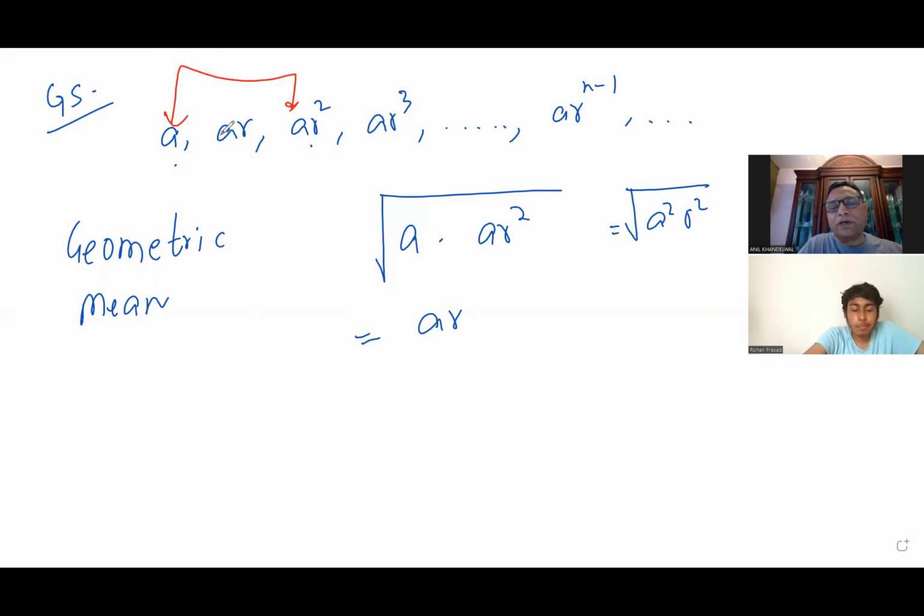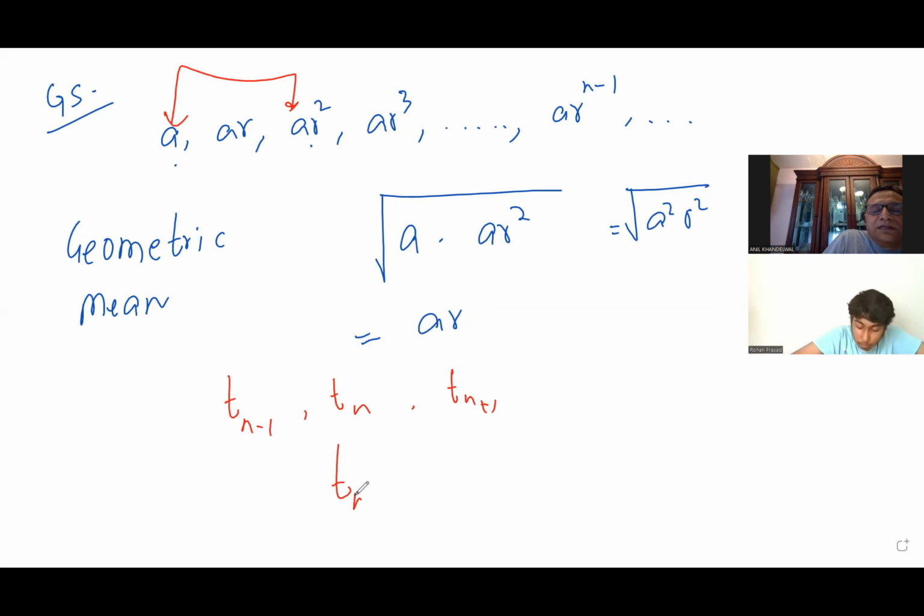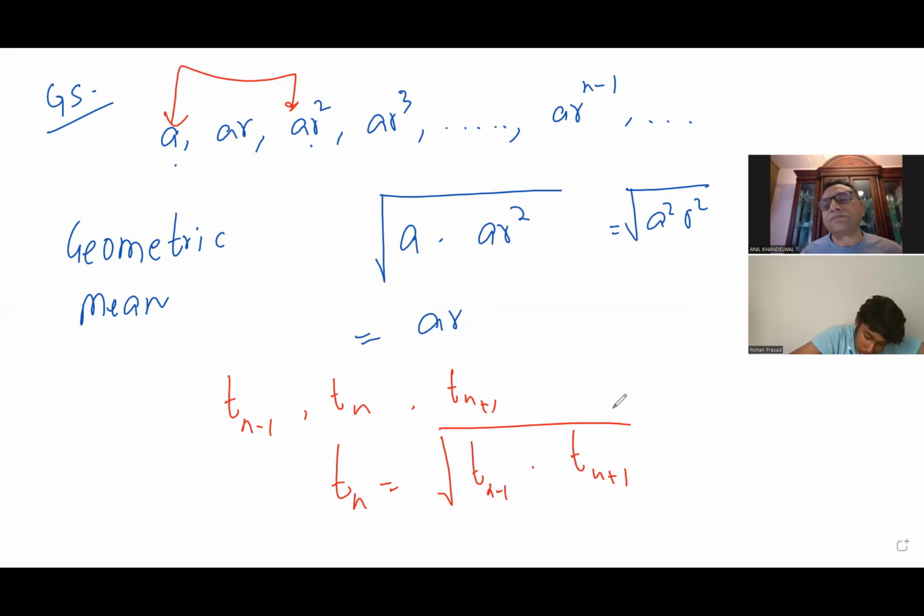Yes, sir. The square root of the product of the terms on the sides is the geometric mean, right? So in that case, Tn is equal to the square root of Tn minus 1 times Tn plus 1. That is the geometric mean.